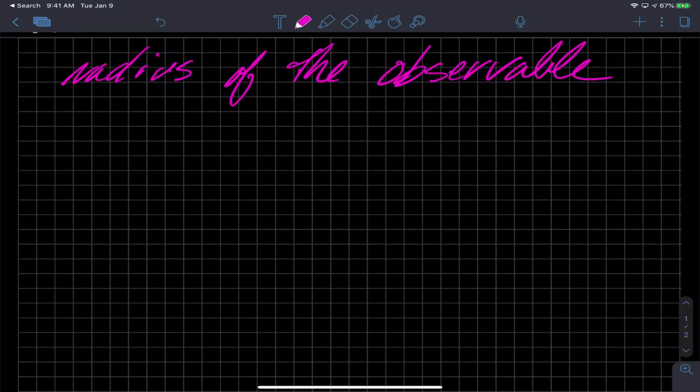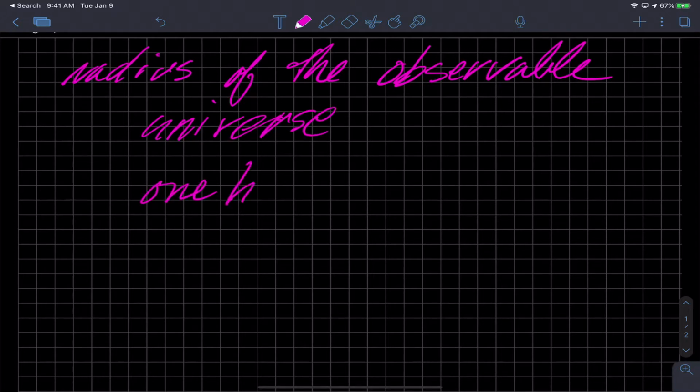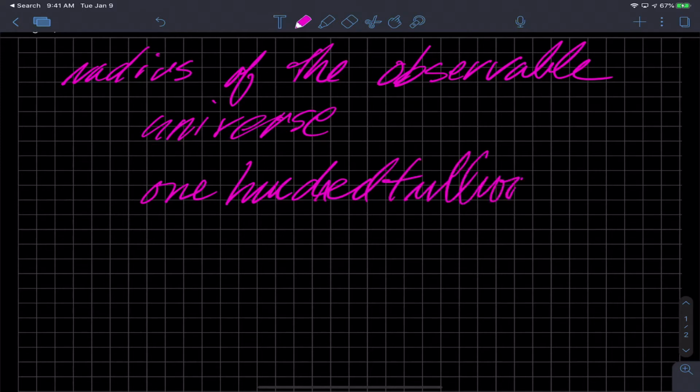It's not going to be significantly different from what's there. Of the observable universe, and that would be 100 trillion meters.